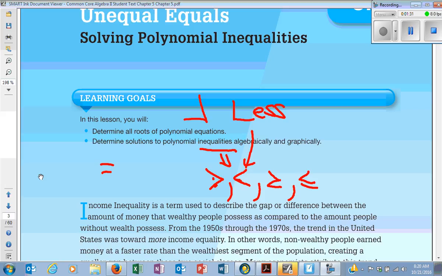Reason being, when I was looking for a house, did I say, I'm going to spend $210,000 and that's my budget? If the house is not $210,000, I'm not buying it. Isn't that what an equation says? An equation says it's got to be spot on. It's got to be exactly this.